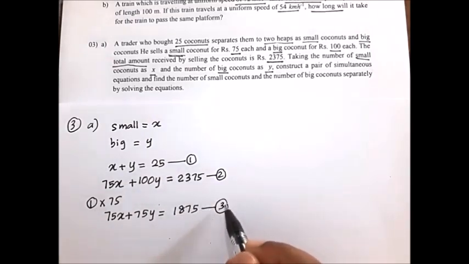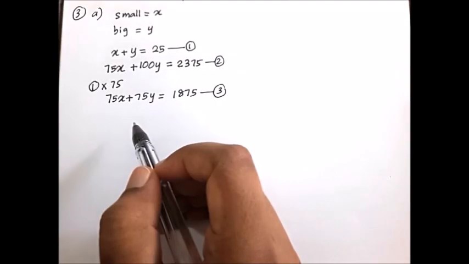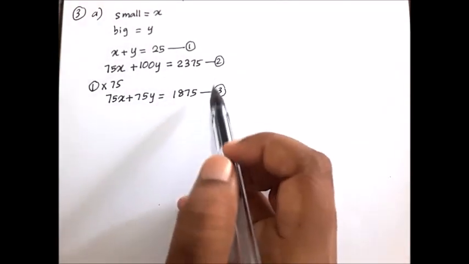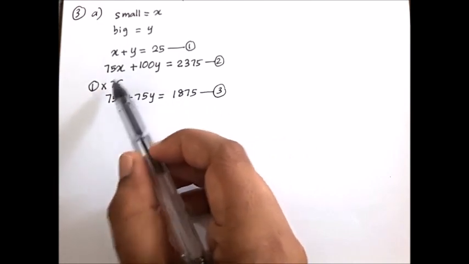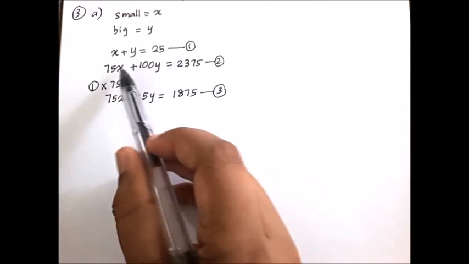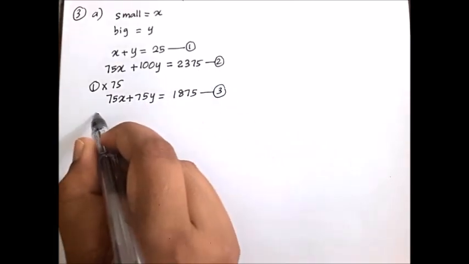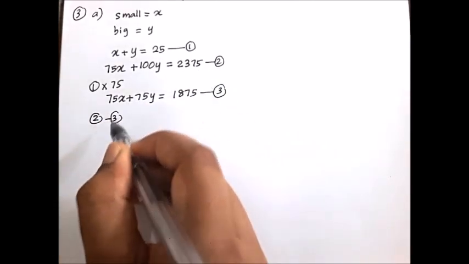Name this as the third equation. Now the second equation and the third one: coefficients of x are equal. By subtracting these two, you can cancel x. The larger equation is the second one. So subtract 3 from 2.